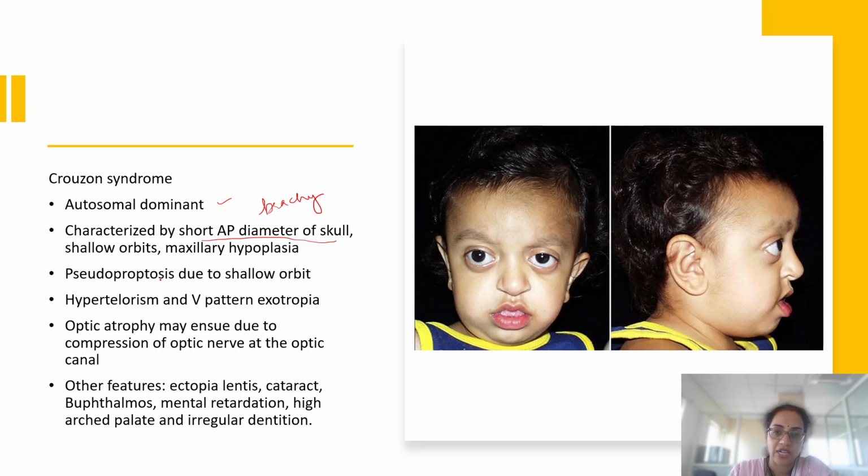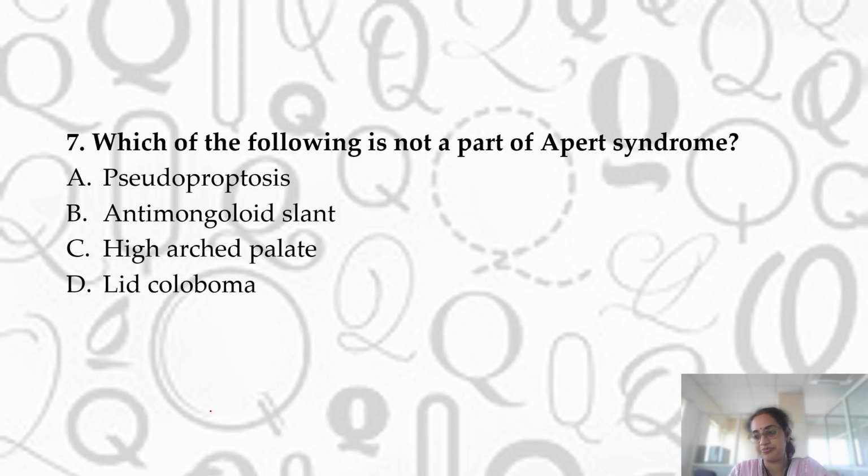Because the orbits are shallow, the eyeballs look very prominent, like you see here, and this is known as pseudoproptosis. They usually have hypertelorism and V pattern exotropia. Unfortunately, these children may develop optic atrophy due to compression of the optic nerve at the optic canal. Other features can be ectopia lentis, cataract, globe exophthalmos, mental retardation, high arched palate, and irregular dentition.